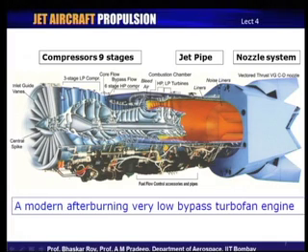First, a row of compressors are done over here, and then there is a very small bypass. Now, this is a jet engine which we call a very low bypass turbofan, or one may even call it a low bypass turbojet. One way or the other, you are correct.